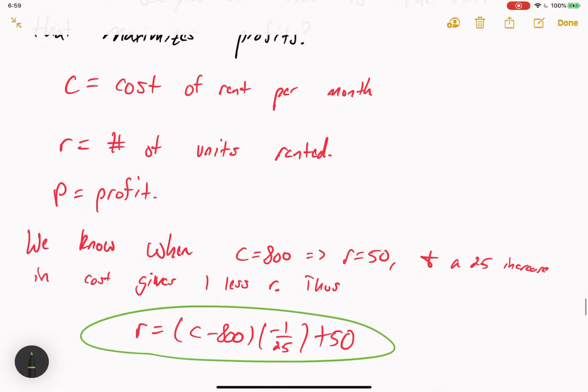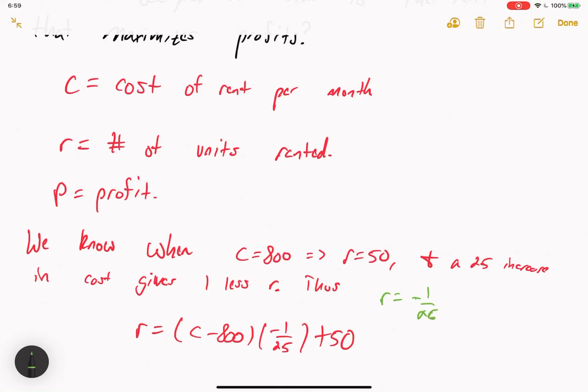I wrote it kind of funky. Maybe the better way to say it would be R is equal to negative 1 over 25, because that's basically our slope, or the 25 increase gives us one less R. Because remember that 25 is going to be our x value in some sense, because really you're trying to write R as a function of C. So 25 would be our x, R would be the change in y.